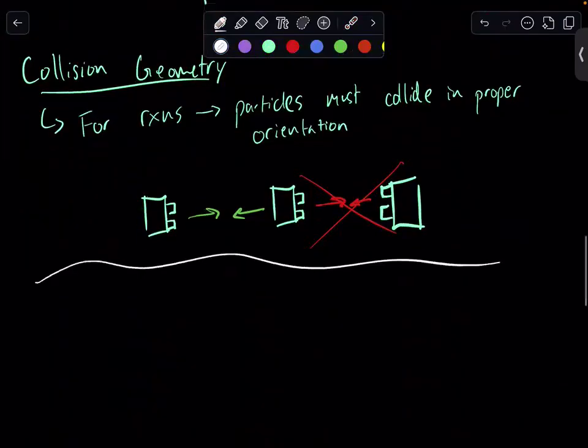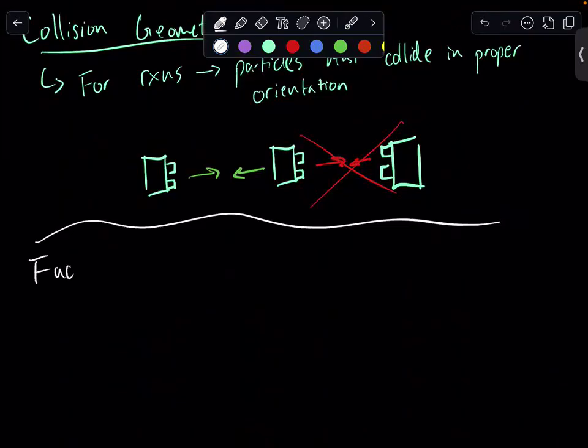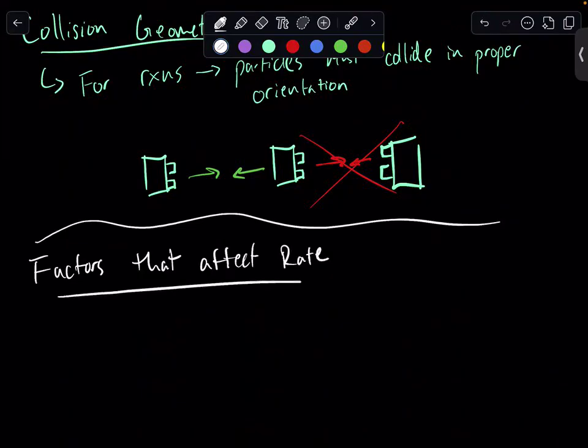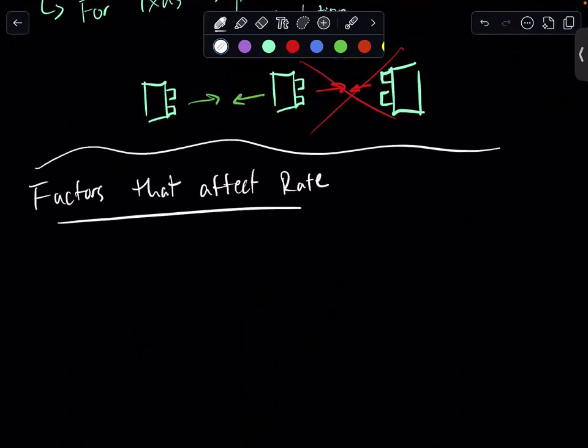Now we can move to factors that affect rate. So now that we know how particles interact to react, how can we actually change that? Well, the first and most obvious we already talked about. That's temperature.